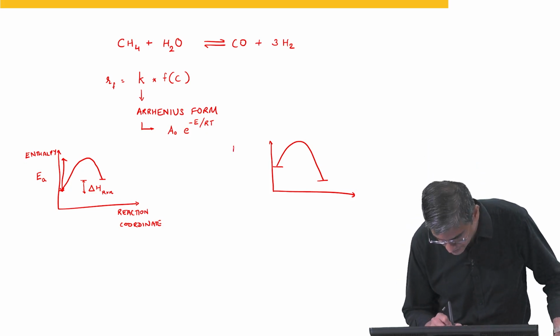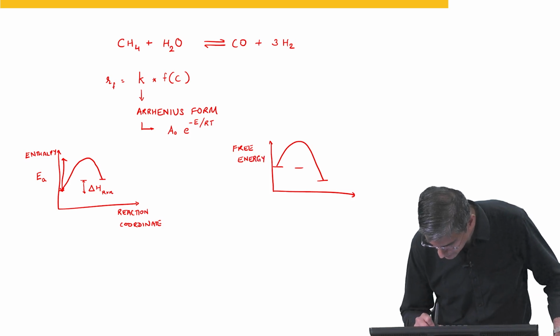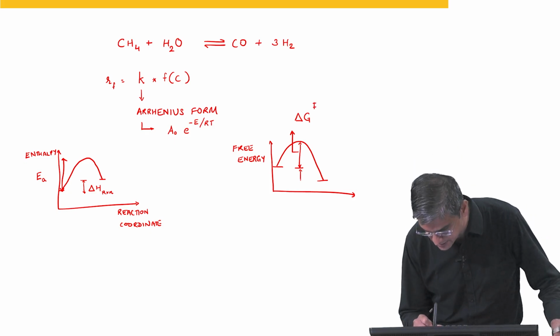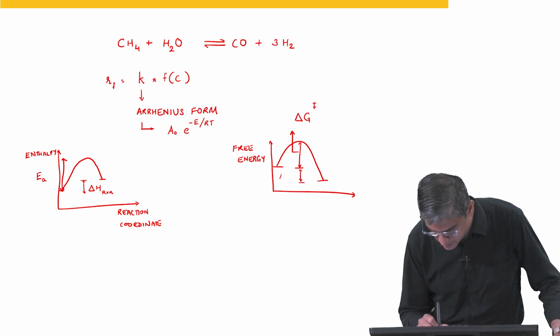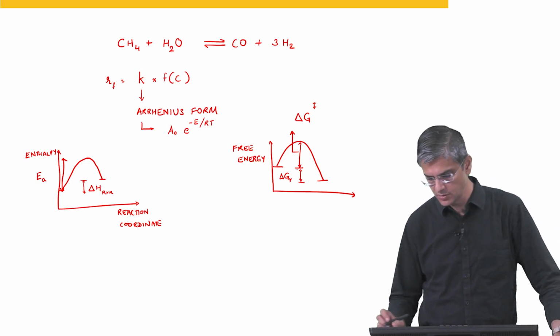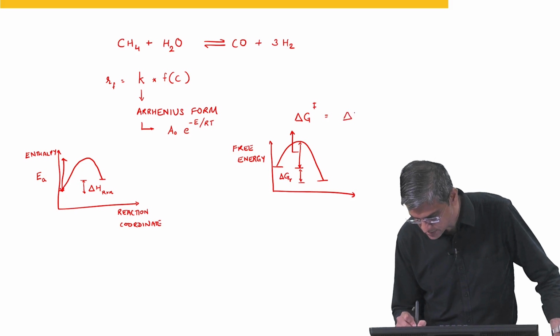If we are plotting free energy, then this is usually written as delta G dagger. This is delta G of reaction.